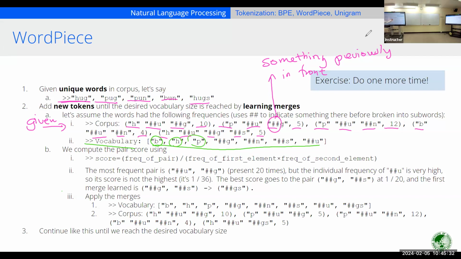The rest are in the back. So this is something a little bit special about WordPiece. Okay, so this part is quite easy. Now the next one is the equation, and when I see equations, I feel a little bit threatened. Score equals the frequency of the pair, divided by the frequency of the first element multiplied by the frequency of the second element.